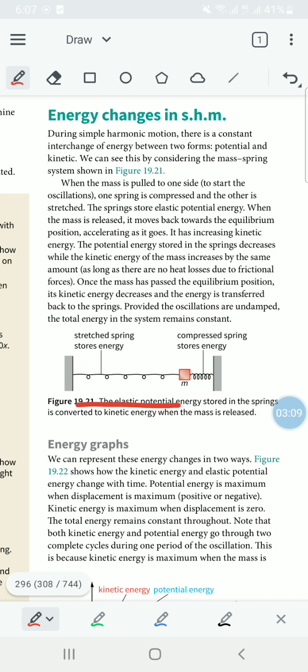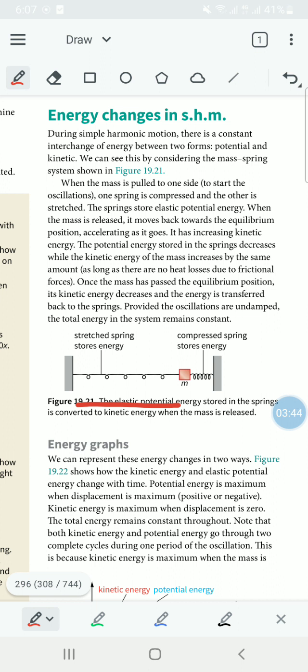That means it is converting its kinetic energy back into potential energy. This happens continuously. At the extreme end, the kinetic energy is totally converted and the object comes to a momentary stop, then returns past the equilibrium position to where it was originally. So this happens back and forth.